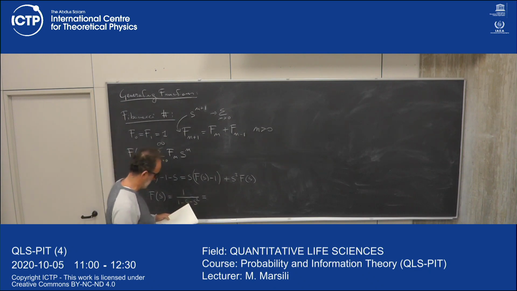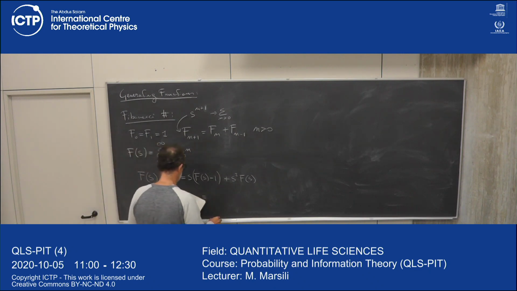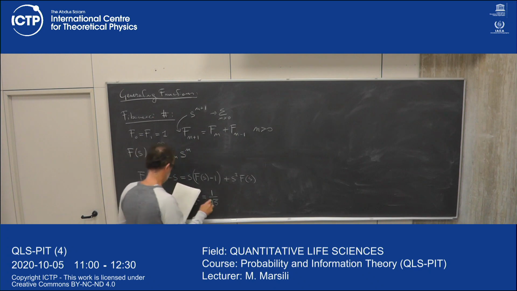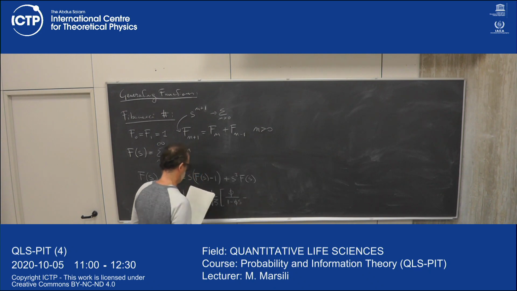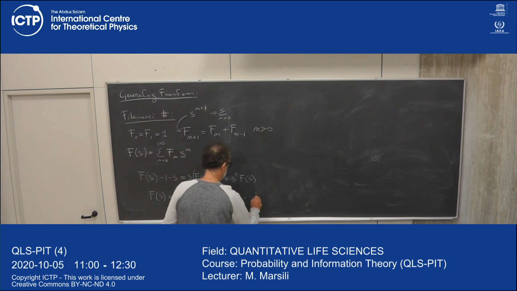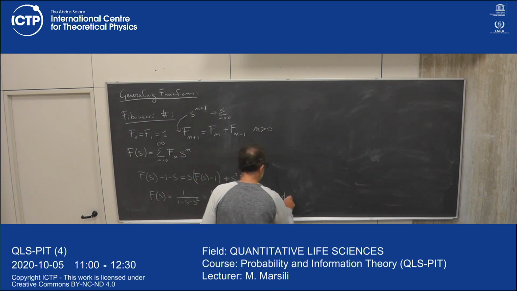So if you do the calculation and compute these two poles, then what you see is that this can be written as minus 1 divided by phi plus s, where phi is the golden mean.